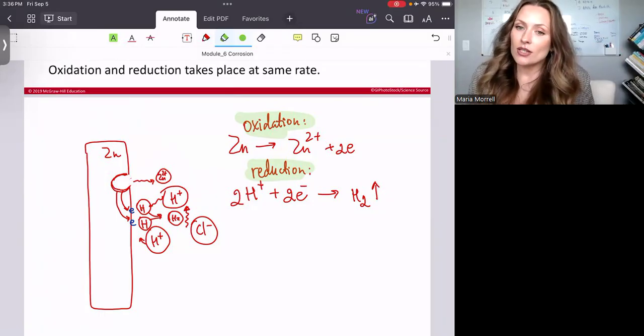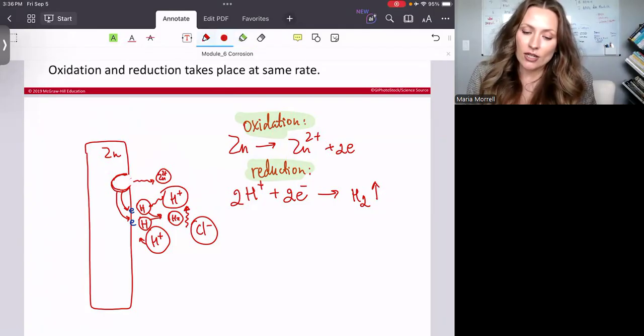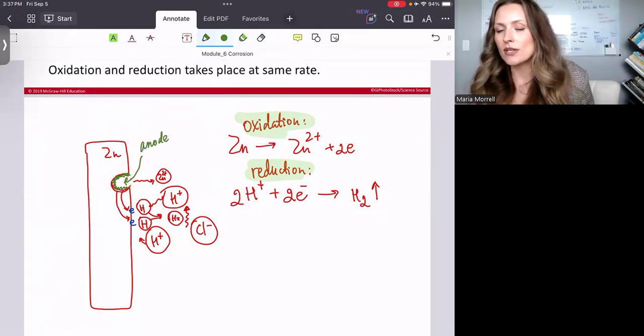Now, one more thing to keep in mind is this region right here, I'll use the green color, where you have the dissolution of zinc. This is going to be your anode, okay? And I will discuss more about this later in today's video.